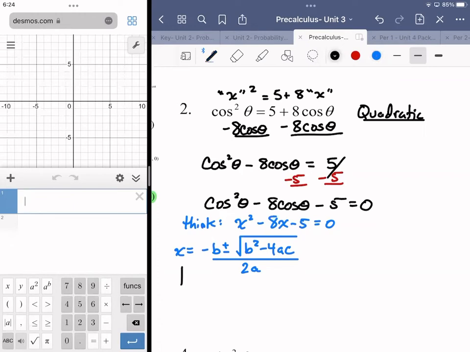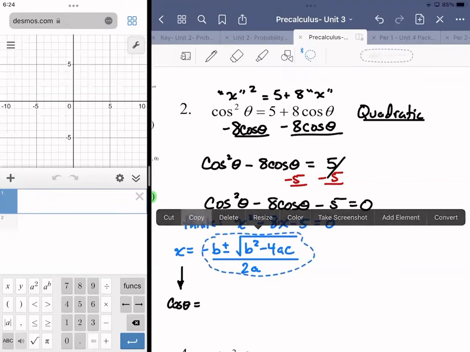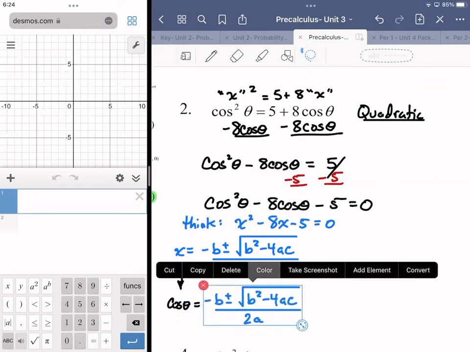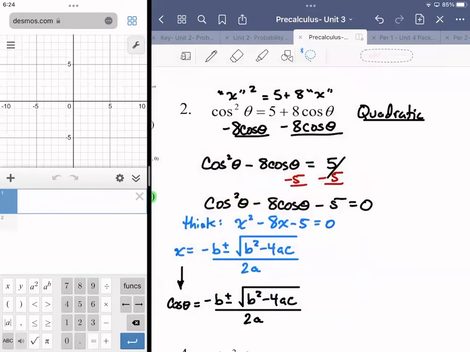So instead of x equals, we would say cosine of theta equals. But the coefficients are all still structured the same way. So as long as you can pull out your coefficients from the quadratic, you'll have your a, b, and c values, and you'll be able to evaluate this.